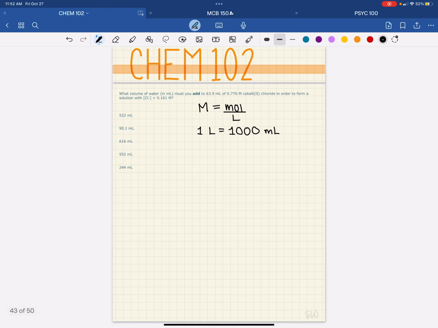So the first thing I'm going to do is I'm given 0.776 molar of cobalt chloride, and I know I need 2 chloride because the 2 here indicates that cobalt has a 2+ charge, chlorine has a minus charge, and therefore I need 2 to balance it.